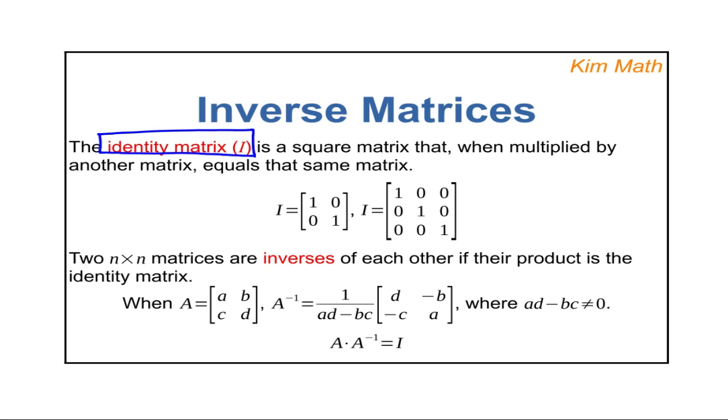And the identity matrix has the value 1 and 1 in the main diagonal, and in all other positions you must have a 0. In 3 by 3 matrices, again the main diagonal has the 1 and all other positions have the 0. This is the identity matrix.